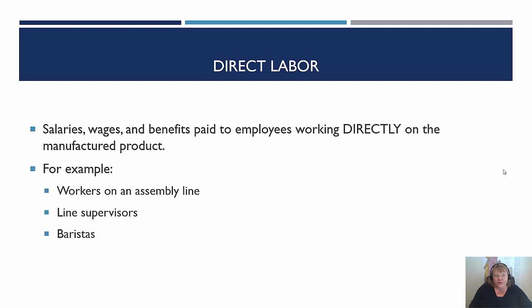Now, why do we say salaries, wages, and benefits? Because if you pay your personnel $15 an hour in wages, but when you factor in their vacation, their health insurance, their retirement plan, their dental insurance, if all of that adds up to $10 an hour, you need to charge direct labor at $25 an hour.